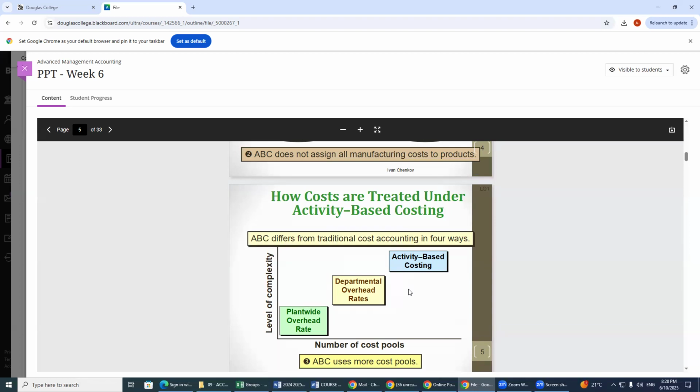The next level will be more complex, the departmental overhead rate, where we're going to calculate the cost only and only for the department which is using the cost and we are allocating the cost. And the most sophisticated, with more complex and more cost pools, will be activity-based costing. In activity-based costing, we're going to have many cost pools, and for that reason, that will be a more sophisticated and more accurate way to allocate the manufacturing overhead cost.